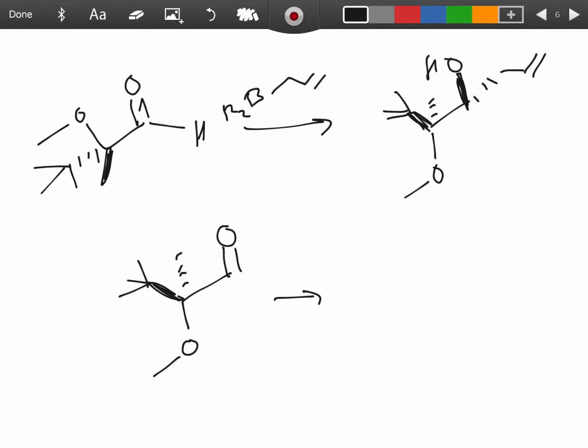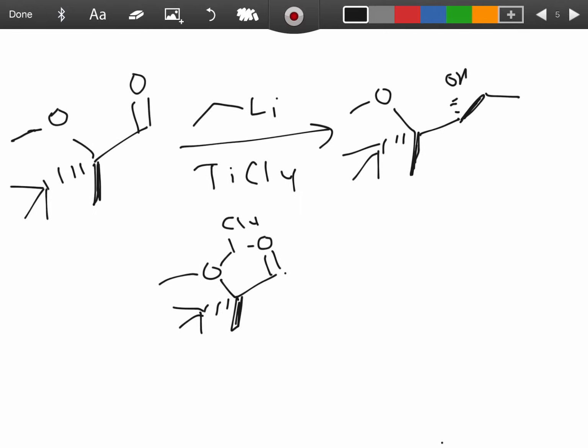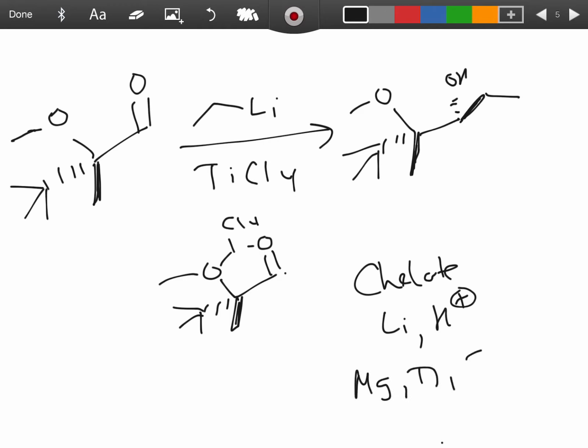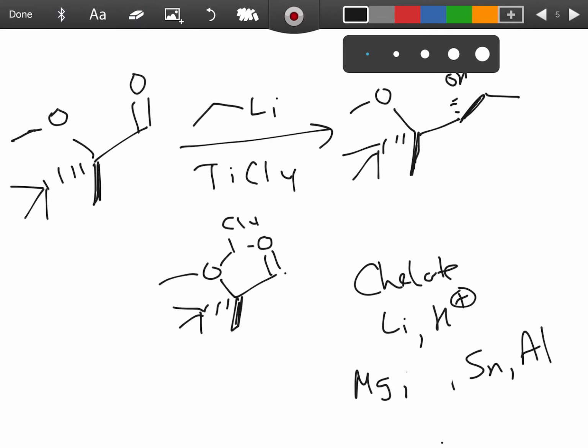So, right. So over here, this way, right? This is where the chelate is: lithium, magnesium, titanium, tin, and what was the other one? I just said it, aluminum, right? So you're going to do the chelate when you have one of these metals present.